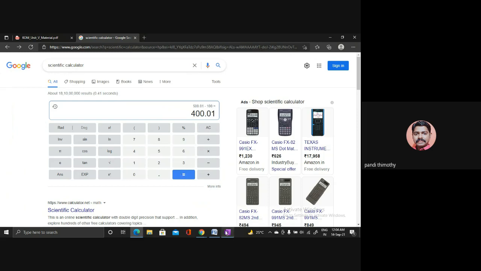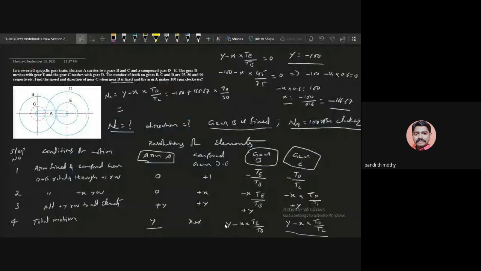So this is plus 400 RPM. It means the speed of gear C is 400 RPM in the anti-clockwise direction, because it is positive. This is the answer. Thank you.